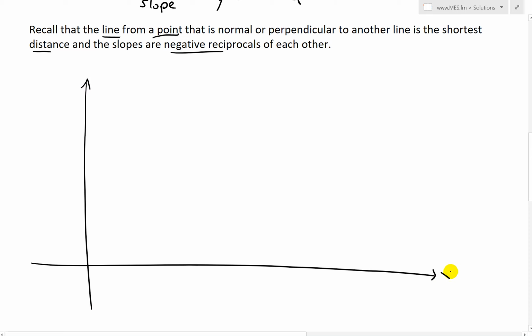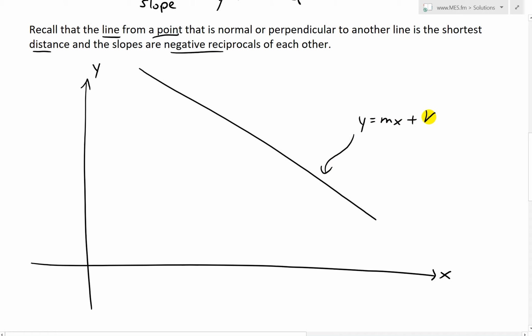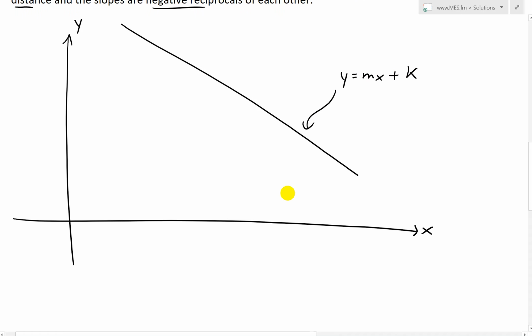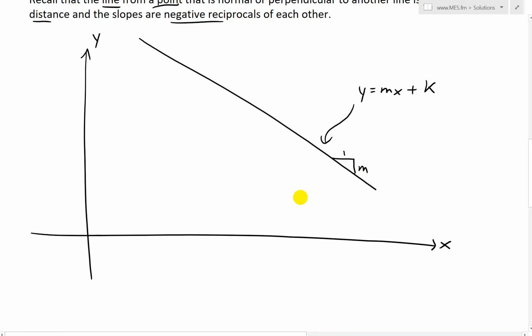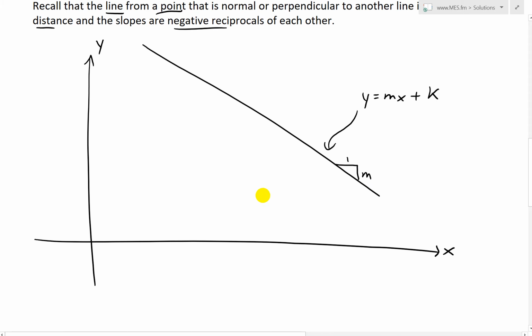If we had an x-y axis, and a line like this, we'll say this line has the equation y equals mx plus k. The m is the slope, rise over run, where the run is 1 and the rise is m.